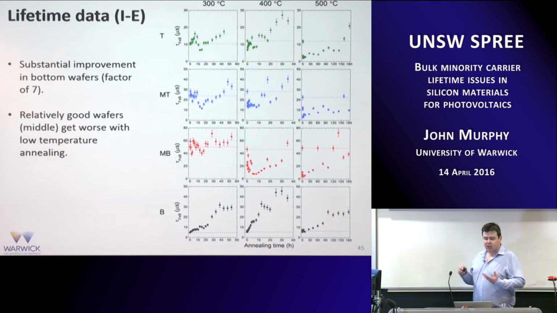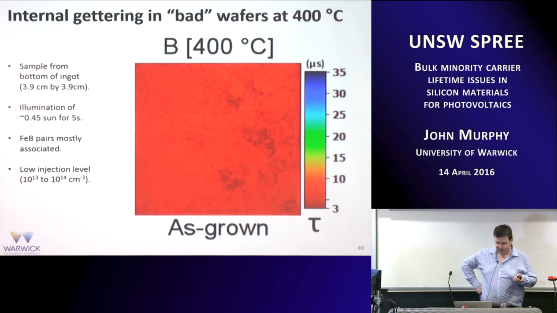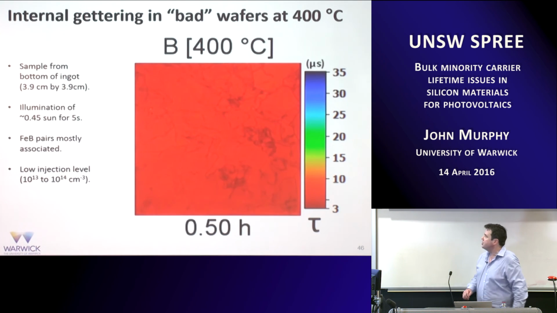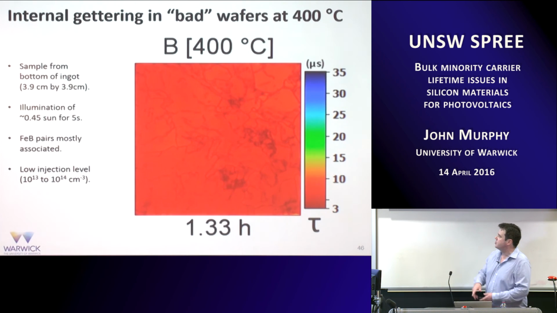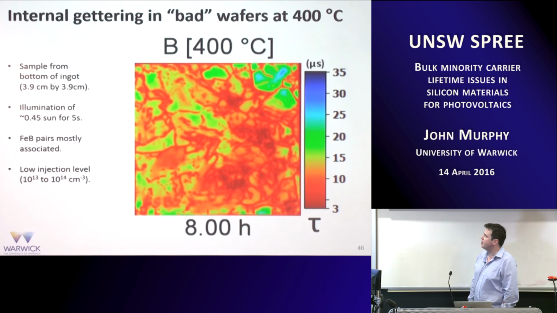Now the effect is complex, and so what I'm going to show is a few examples. We've actually monitored lifetime at every stage in the process. So we've got these nice movies, which I hope will work. These are different time steps, and you can see what's happening to the lifetime semi-in situ.